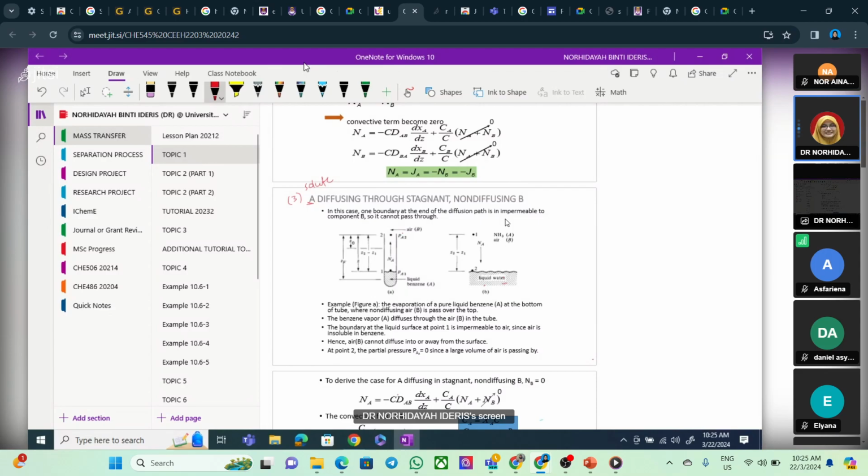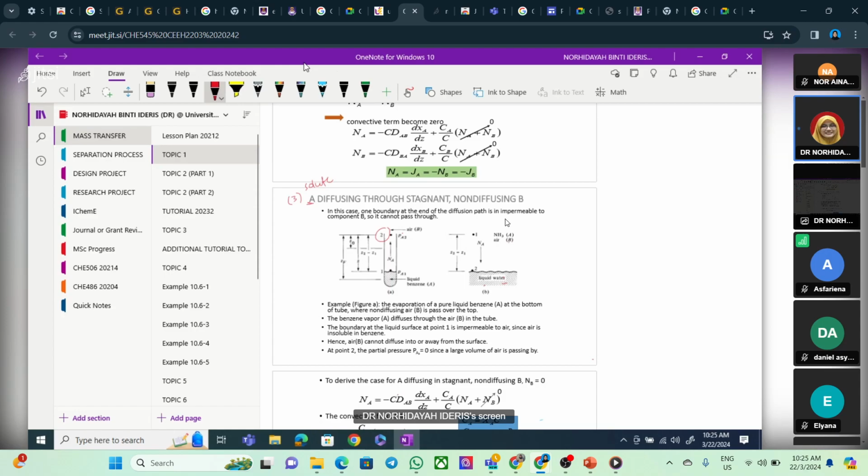So in this case, the benzene is component A. All right, so the pressure at point 1, which we label as PA1, is on the surface of the liquid benzene. The evaporation will go to the open air, right? So we put the location of point 2 just after it goes to the open air, and we put that as PA2 here.